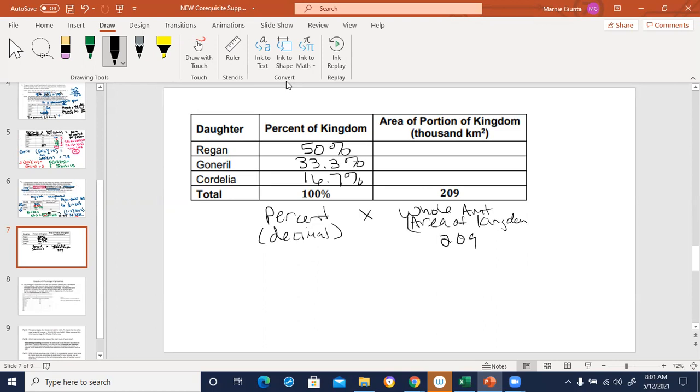Okay. And then that's going to equal the part amount, which is the portion of the kingdom each daughter gets.